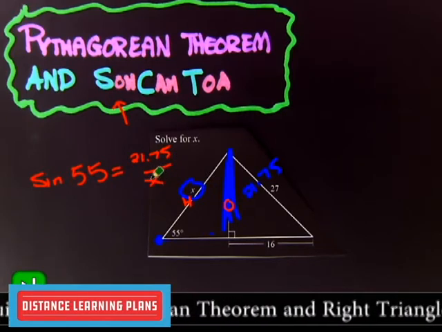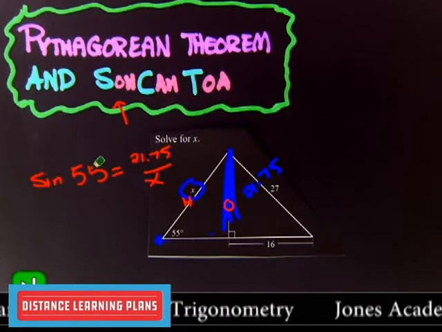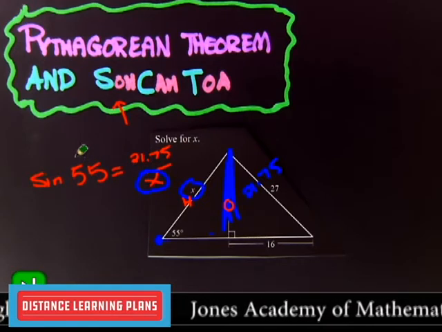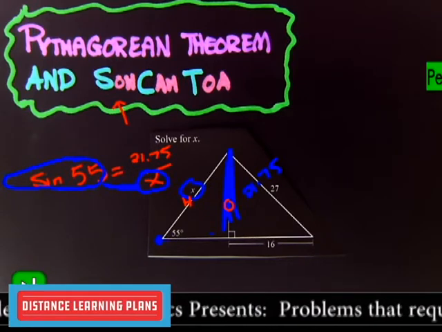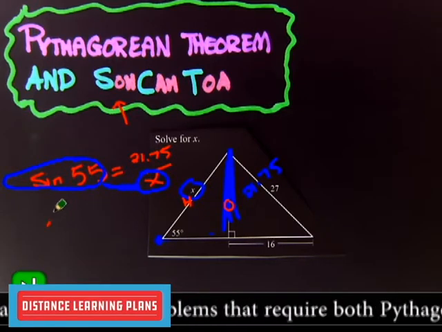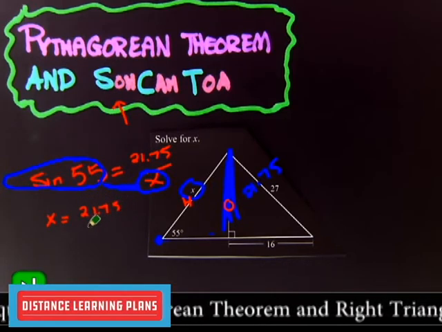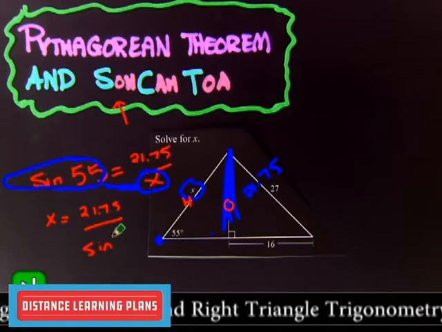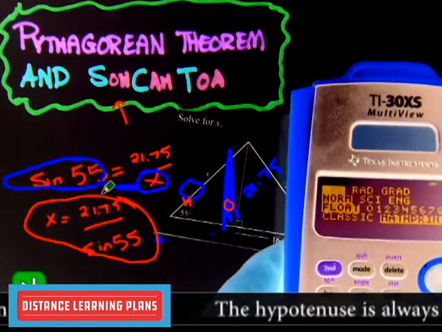And remember, when your x is on the bottom of the fraction, all you have to do is swap spots with the trig. So these two things swap spots, and in your calculator you just have to put 21.75 over sine 55. If you're using this calculator, the mode button is here.